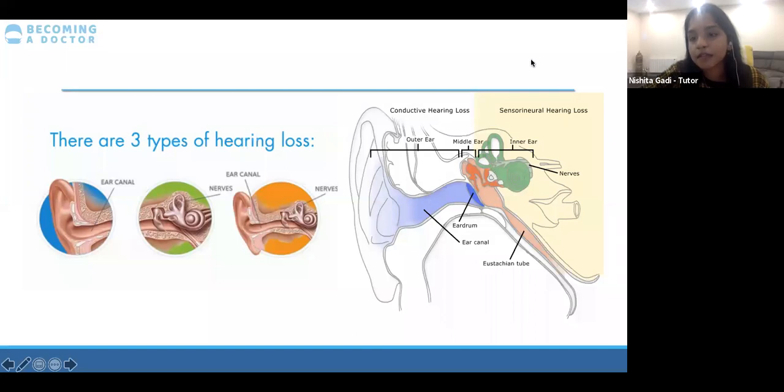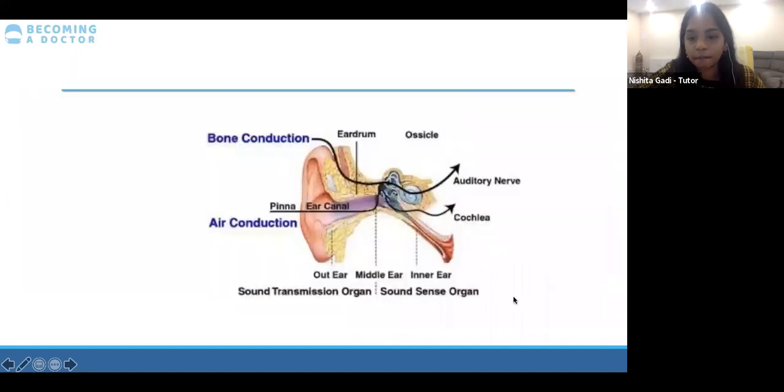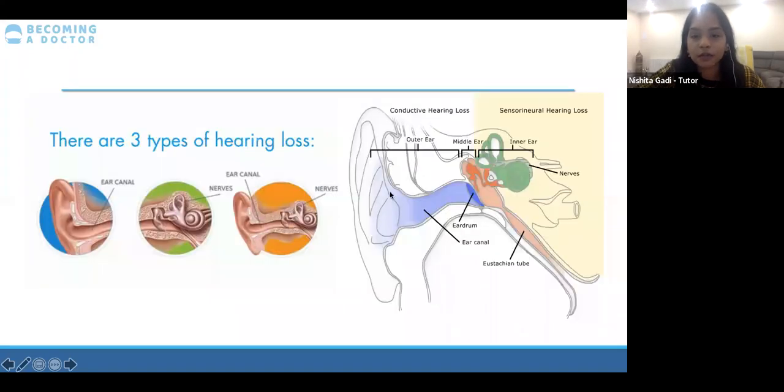But you also have sensorineural hearing loss when it's the cochlea or the nerves beyond that that are affected. That's sensorineural, because that's to do with the nervous system and the senses. Here it's conduction, so the problem with the sound conduction is an issue. And there's also mixed hearing loss, when you have elements of both conductive and sensorineural hearing loss.